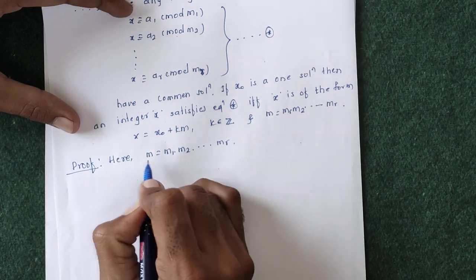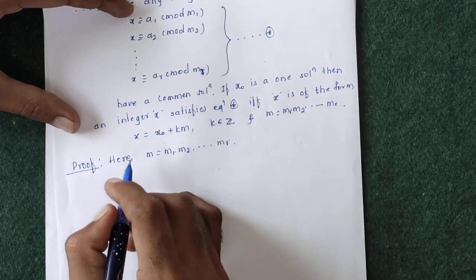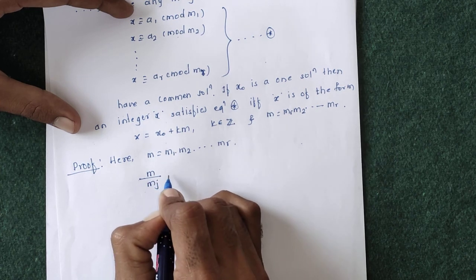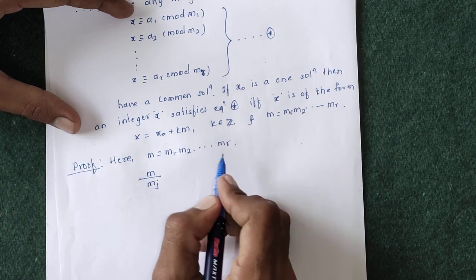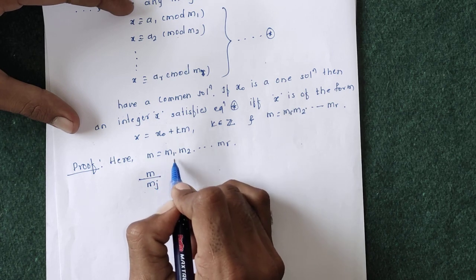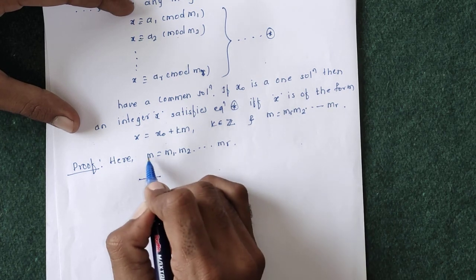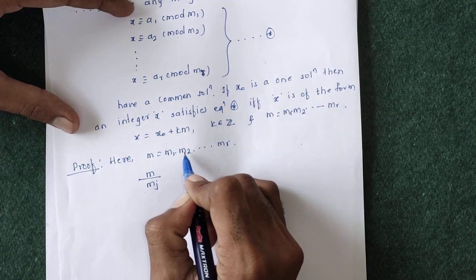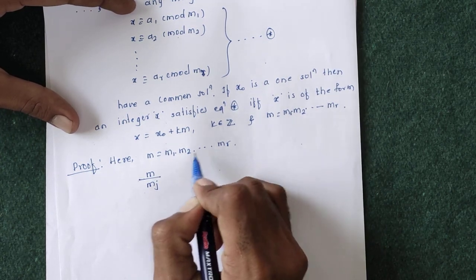So if we divide m by any of these integers, that is m by mj, then m by mj is again an integer, where j runs from 1 to r. If we divide m by m1, then m1 gets cancelled, and the multiplication of the remaining r minus 1 integers is again an integer.